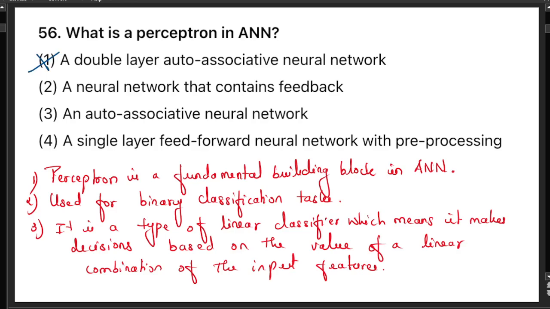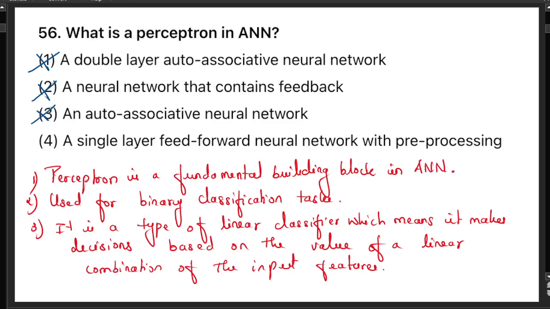Now let's go for option B, which is a neural network that contains feedback. Now perceptrons are feed forward networks and do not contain feedback loops. That is why this is also not the correct one. Now third is an auto associative neural network. So this is incorrect because perceptrons are not auto associative, as I said in option A. So that is why this is also not correct.